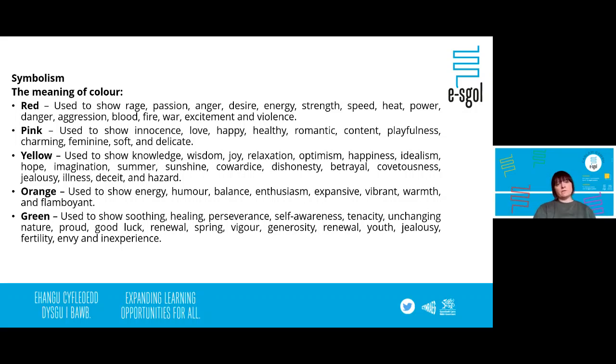Okay, so what you've got here is the use of colours with regards to symbolism. You've got red, the idea of rage, passion, anger, desire, so things that you'd possibly be quite mindful of already. The idea of knowledge and wisdom linked to the colour yellow. Green, you may already be thinking of the idea of youth, quite possibly linked to that.